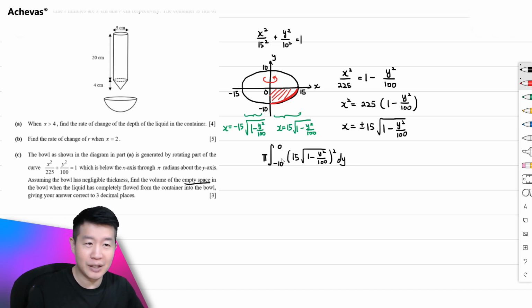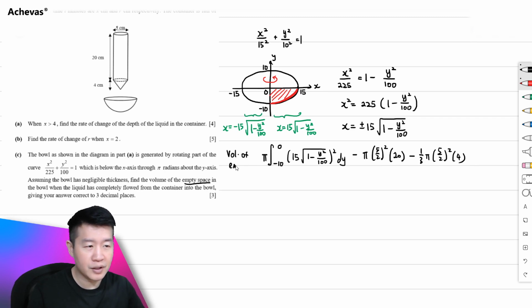So I will need to take the volume of the bowl minus away the volume of the cylinder, which is pi times (5/2) squared times 20. Then minus away the volume of the cone, which is 1/3 pi times (5/2) squared times 4. So this is going to be the volume of the empty space that the question is talking about.